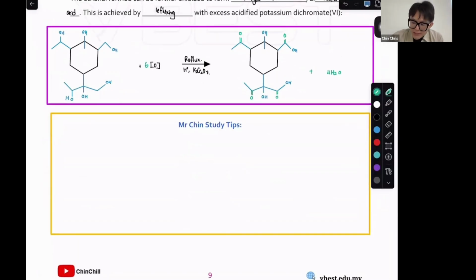To summarize everything, if I have a primary alcohol and I oxidize under distillation, you'll be getting an aldehyde. Remember that, yeah? If you oxidize it again under reflux, you'll be getting a carboxylic acid.